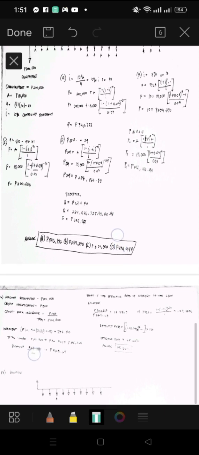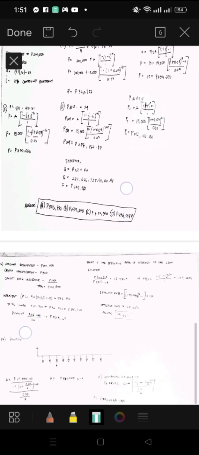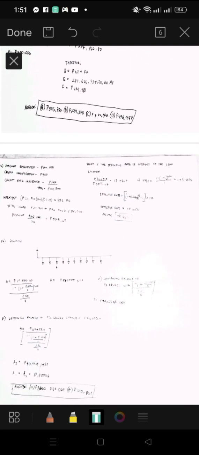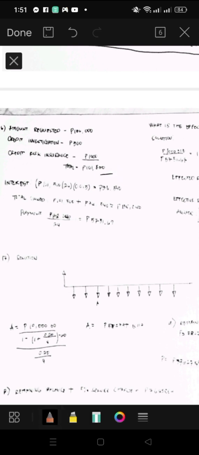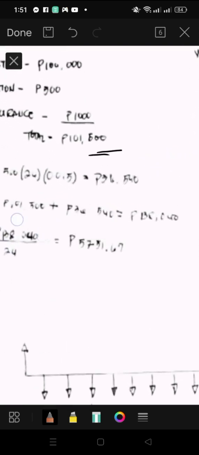Amount required is 100,000, credit fee is 500, and the credit risk insurance is 1,000, and then the total amount is 101,500 pesos.